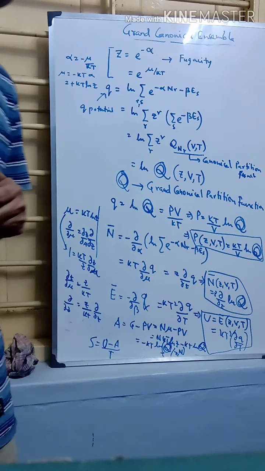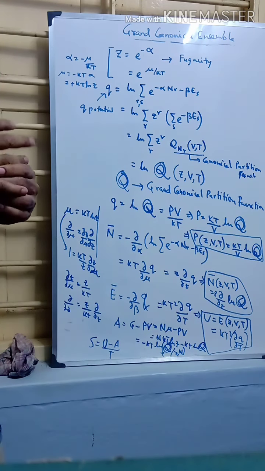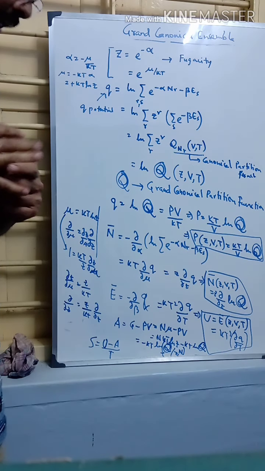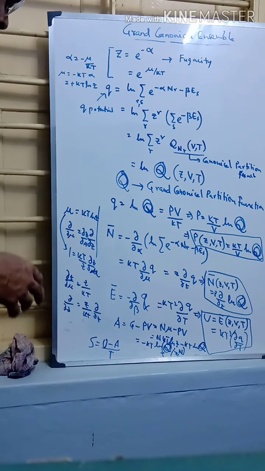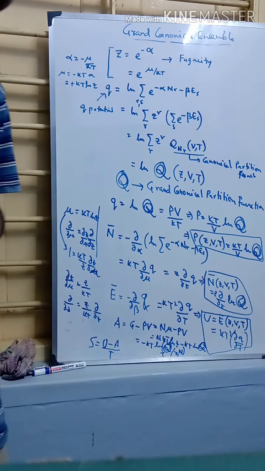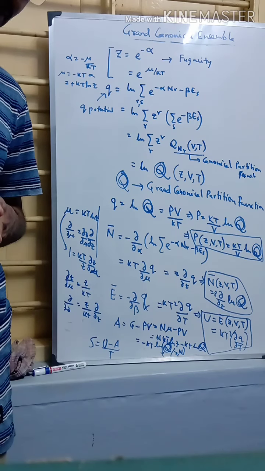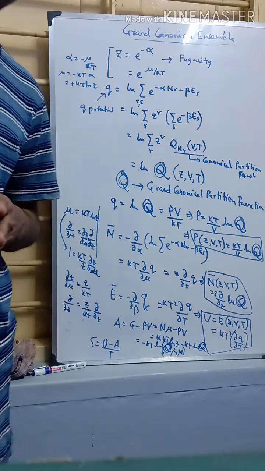So let us try to demonstrate a simple example of a classical ideal gas, because that we would be using for some time later on. So let us do some mathematics by applying the grand canonical formalism to the case of classical ideal gas.